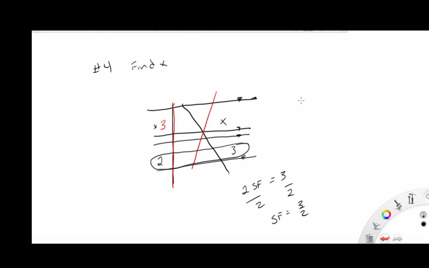So what does x equal? Well, we are going to multiply 3 times 3 over 2, which is going to give us x. What does that equal? 9 over 2. 3 times 3 is 9 over 2. X is equal to 9 over 2. We just solved for x. So that's how you do those problems.